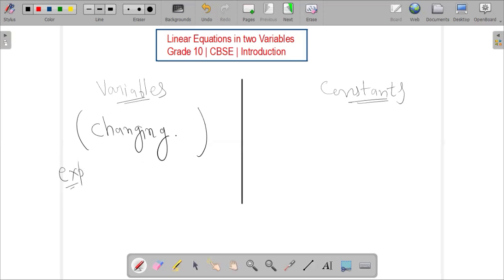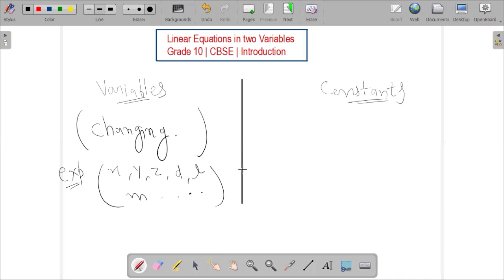X, Y, Z, D, L, M. These are the notations basically we use in mathematics. Small letters x, y, z and so on are the basic notations for variables. A variable is something that changes its value.